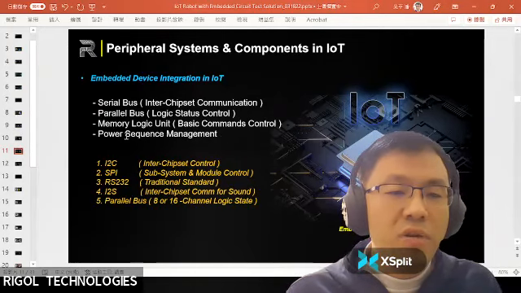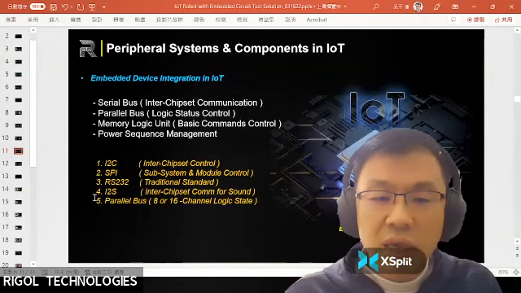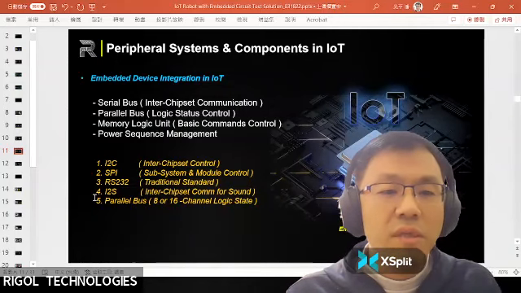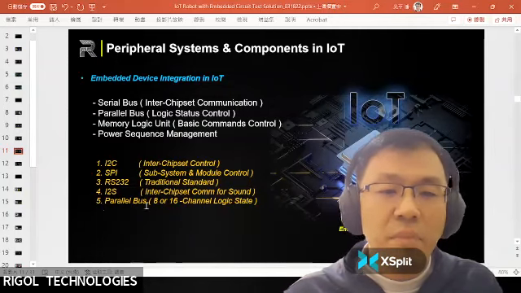So it includes several bus types, like I2C, SPI, RS232, I2S, and even the parallel bus.